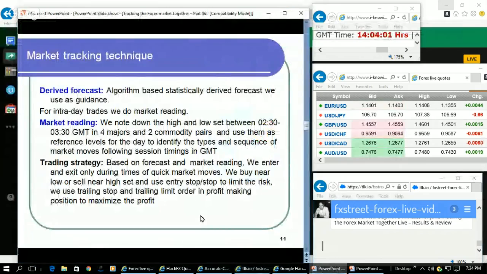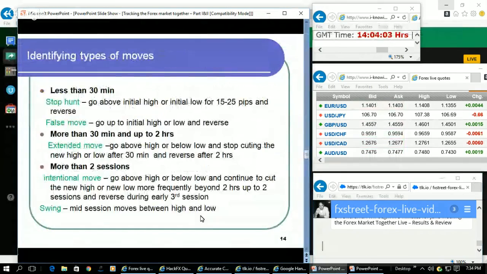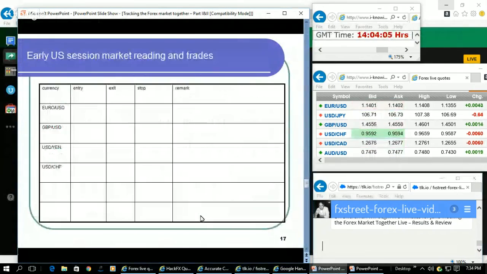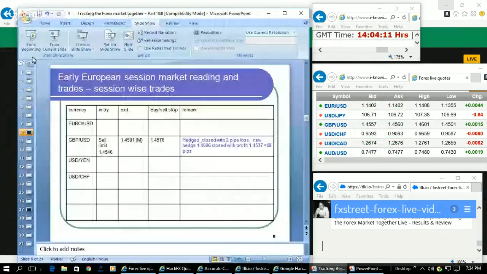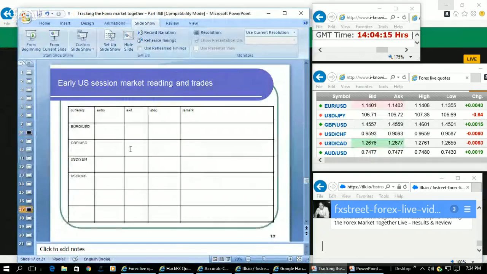So what trade will we think of? I'll first give the trades. So we'll keep 10 pips below the market, the buy limit order.